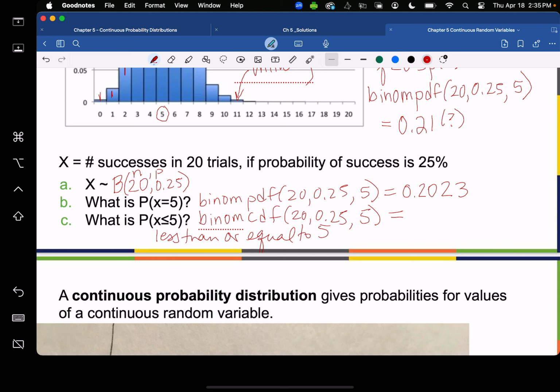And I am getting 0.6172. So we can round both of these to 2 decimal places. This would be 0.62. This would be 0.20.